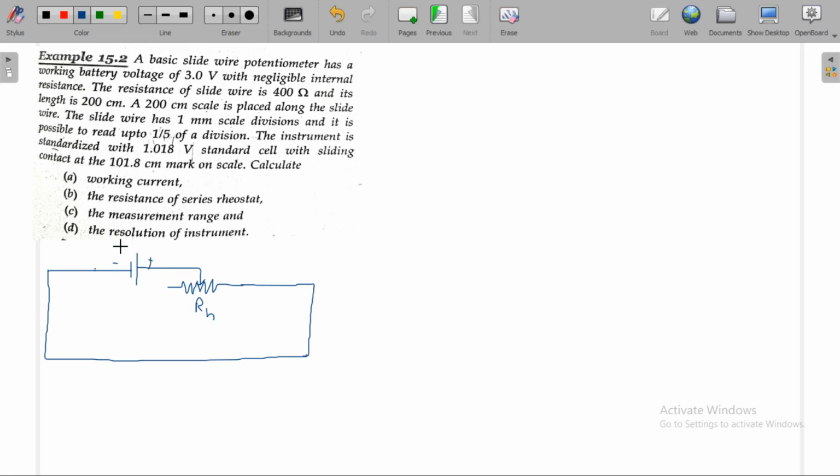This is battery voltage 3 volts. EW, working battery, is 3 volts.